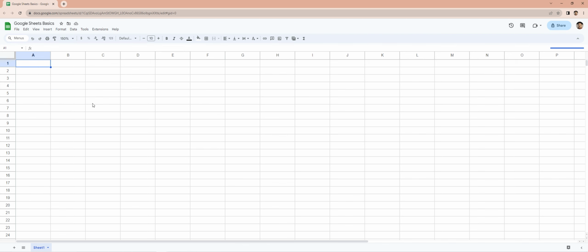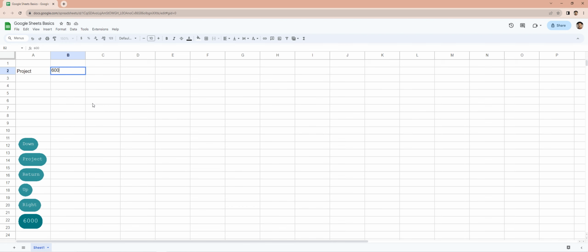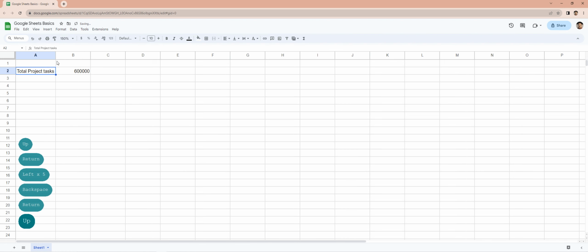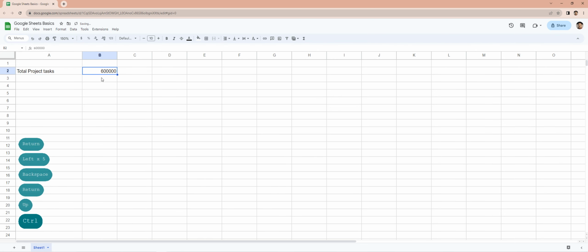So let's start off with an example. We have a project, and that project has a volume of, let's say, about 6 lakh tasks. Let's call it total project tasks. And now we have a target deadline to complete this project.